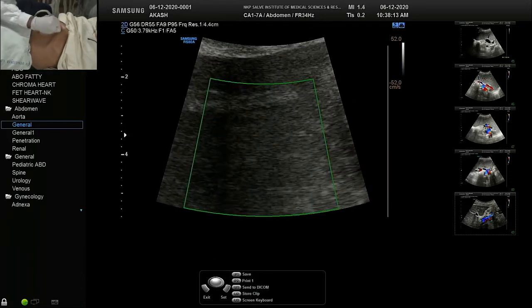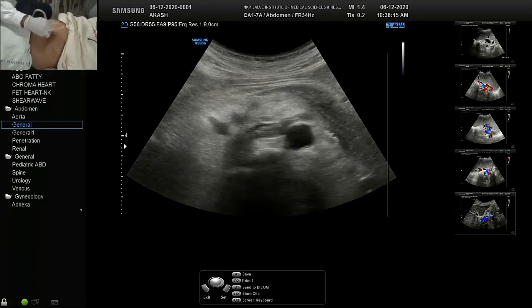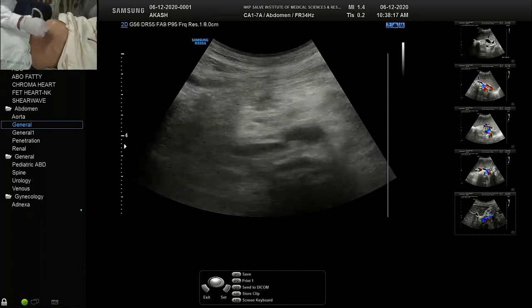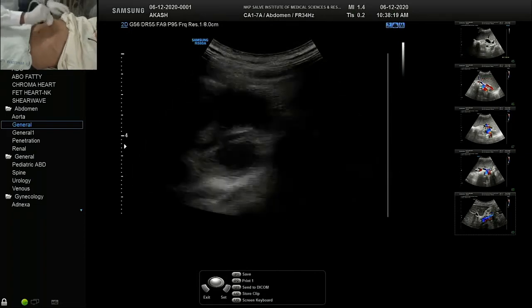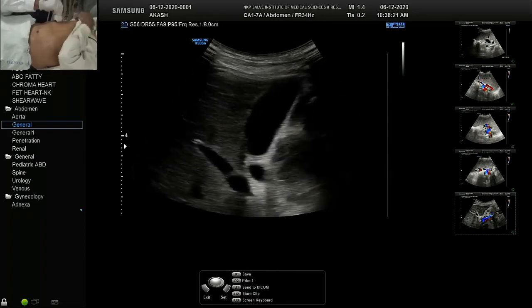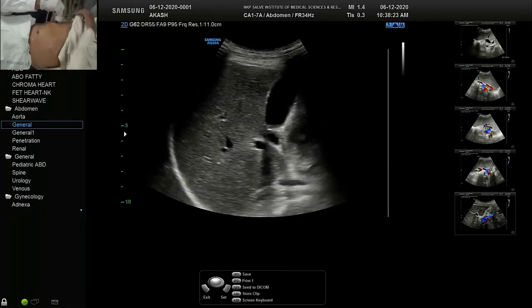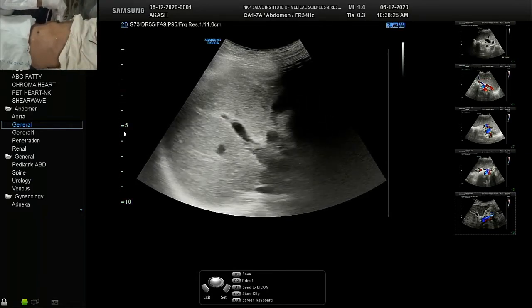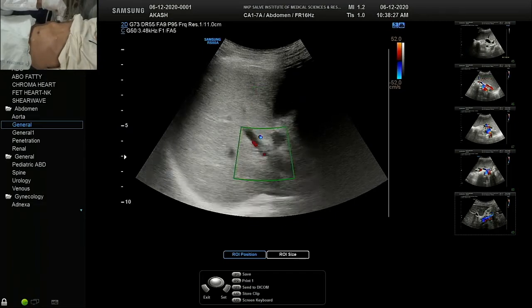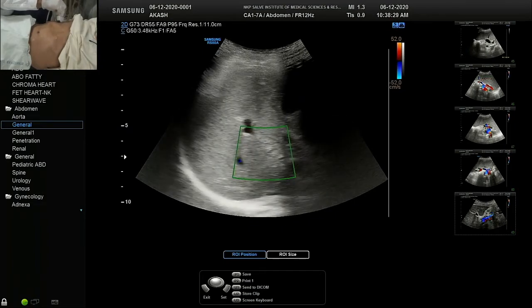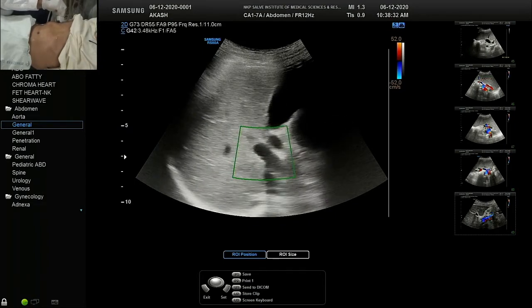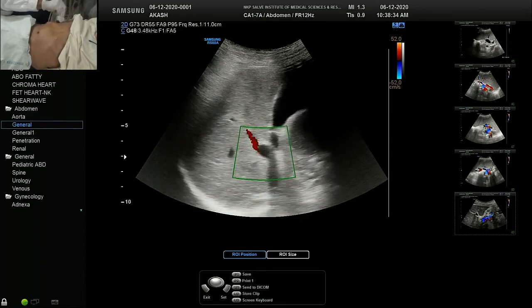So we'll check whether the portal vein flow is normal or not. So this is the extrahepatic cause of portal hypertension, pancreatitis causing thrombosis of the portal vein.